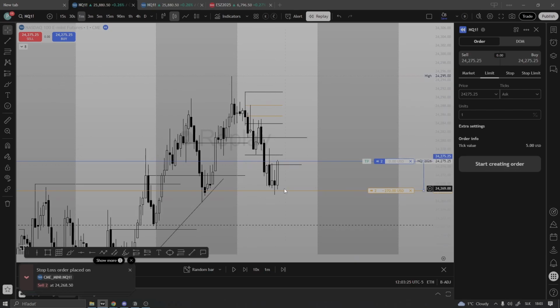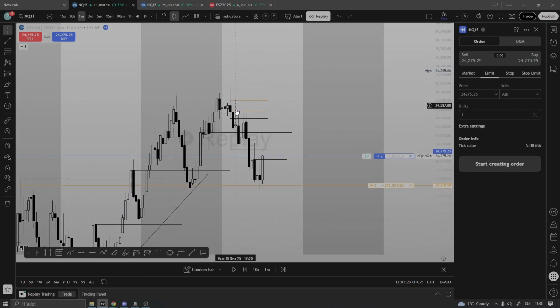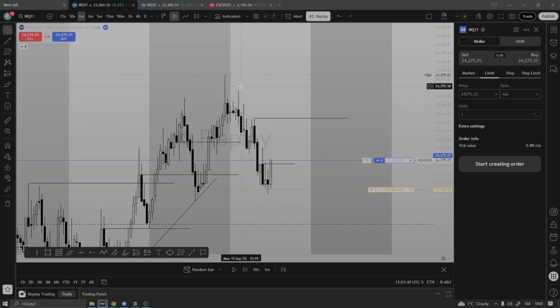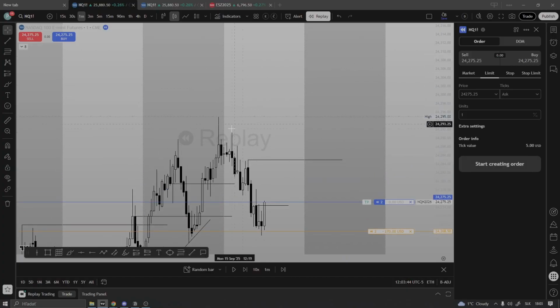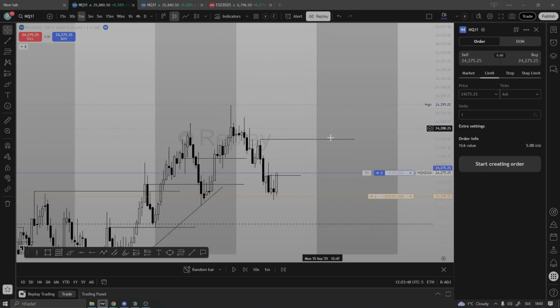Meaning we might just rebalance the range and push it back lower, or this was just another liquidity grab for us to push it back higher. Meaning, where are the stops for the people? This candle and then the highs. Okay, so first TP and the second TP. If we get in here, we will see if we get a runner or not.